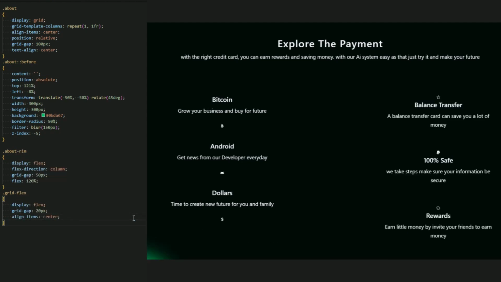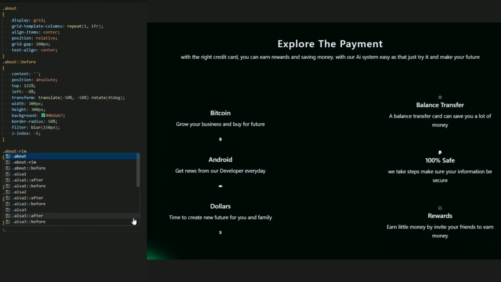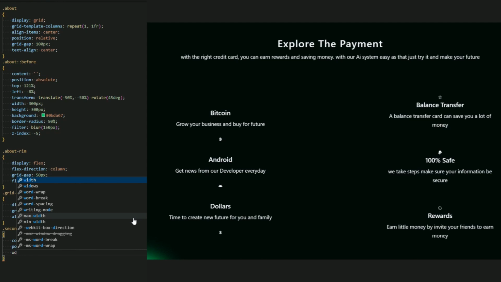Okay, now let me add a second, which is a circle. Just like we added a circle, let me add a content empty, position relative to create a circle, with width 100%, and let me add a custom height of 700 pixel, z-index -1. Here we go.